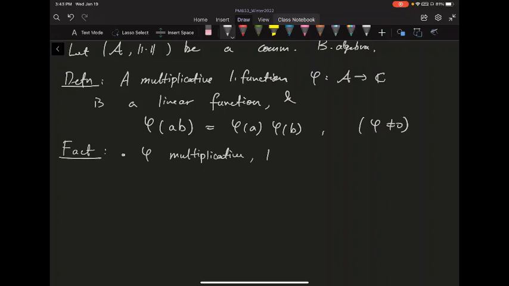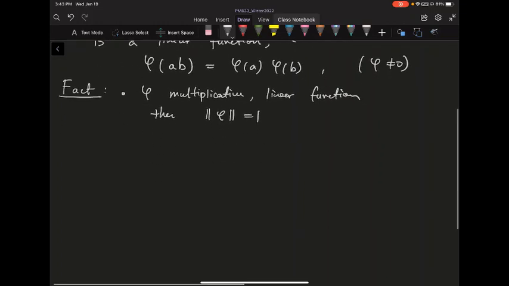In fact, you don't even need to assume it's a linear functional; as long as you have a linear homomorphism, it always has norm 1. The continuity actually just follows from the linearity and the multiplicativity.